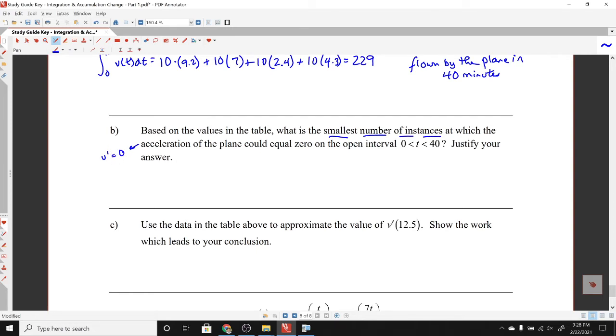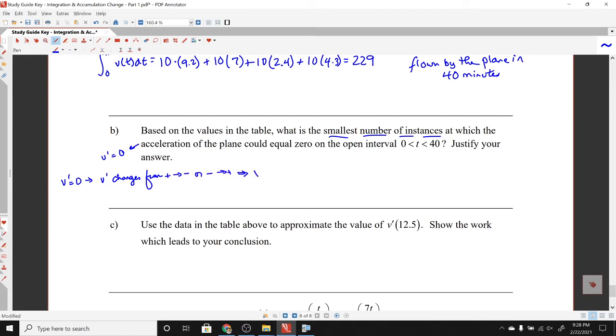Well, again, v prime is 0 when v prime changes from negative to positive or positive to negative. Now, when does that happen?